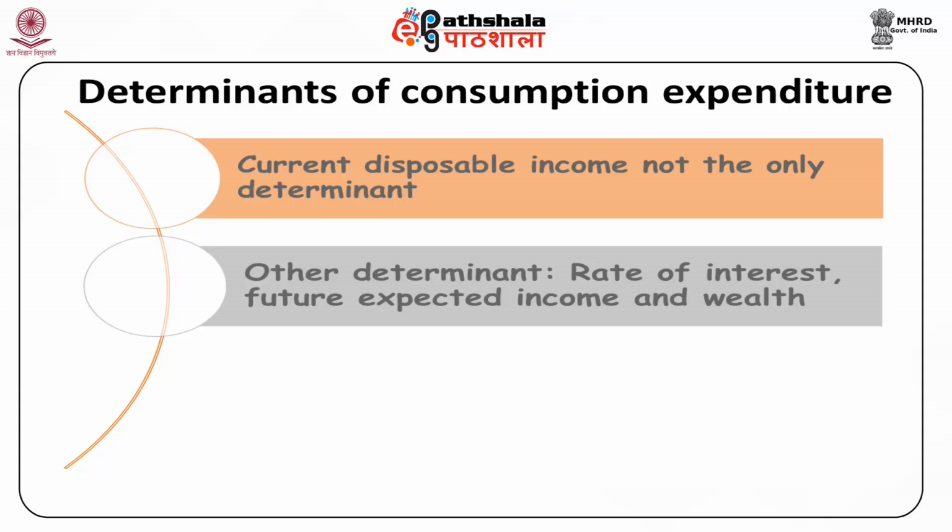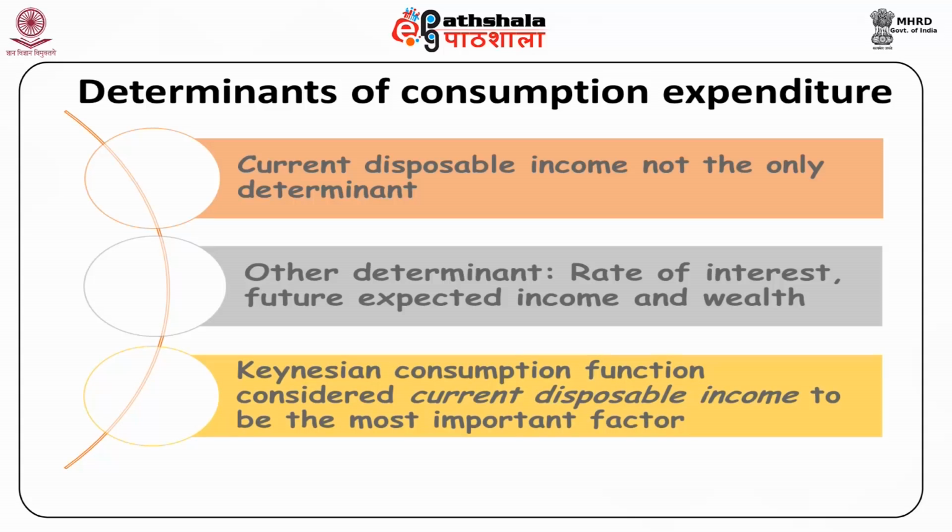Other factors such as the rate of interest, future expected income, and wealth may be important determinants of a household's consumption decision. Nevertheless, Keynesian consumption function considered current disposable income to be the most important factor.